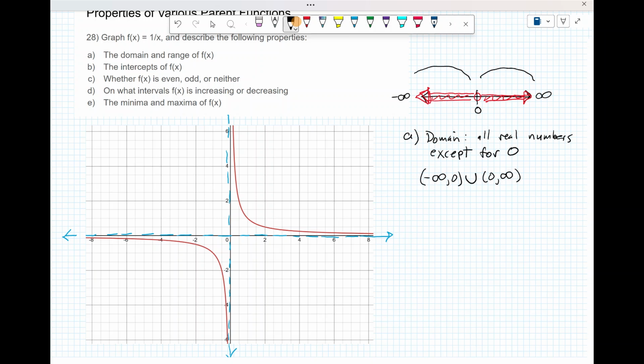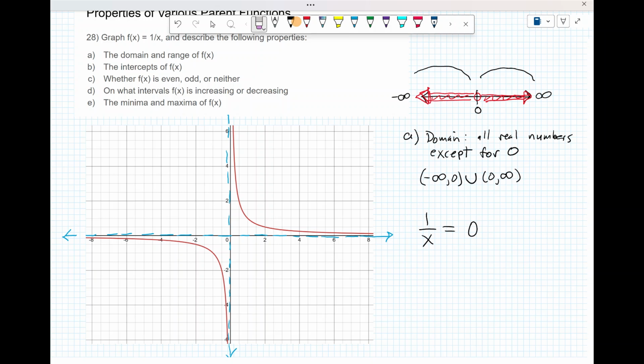Let's look at the y values. The y values, too, if you notice, it can be any y value, but it can't be 0. Because 1 divided by a number, no matter how big the number is, can never be equal to 0. That would be impossible. Think about it. 1 divided by 1,000,000 is going to be a very small decimal, but it's never going to be 0.